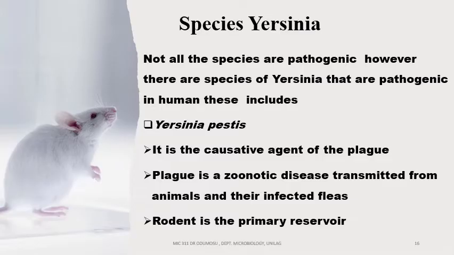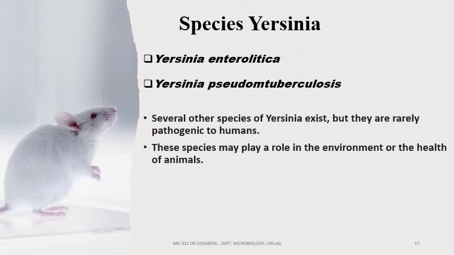Then we also have another member, which is Yersinia enterocolitica. Yersinia enterocolitica is a common cause of foodborne illness in humans, and this can be known as yersiniosis. Yersinia enterocolitica is typically transmitted through contaminated pork products, contaminated water, and other contaminated cattle products, and unwashed vegetables.